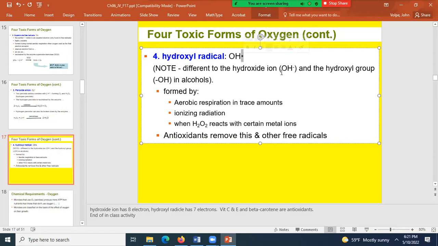It is different from the OH hydroxide ion, which has two paired electrons and a negative charge to it. This molecule is stable. This one is not. And as I mentioned, all radicals, whenever they bump into another molecule, they'll steal electrons from that molecule and damage that molecule.